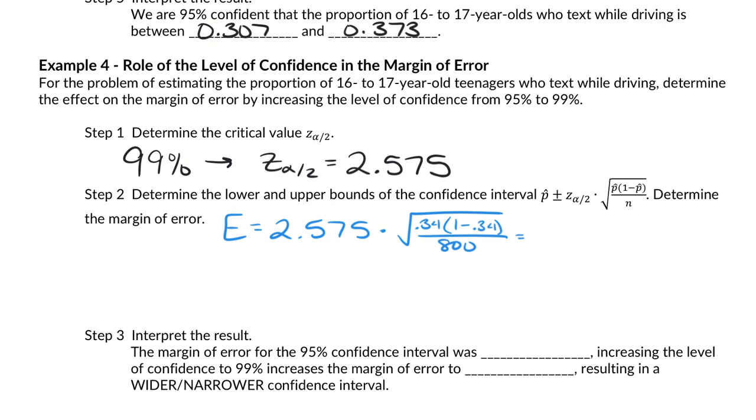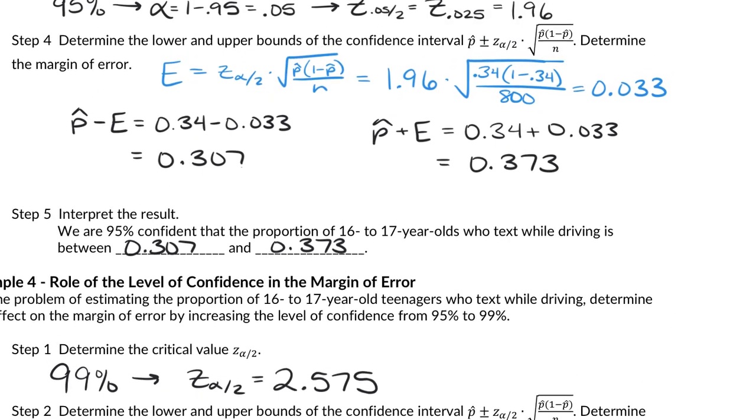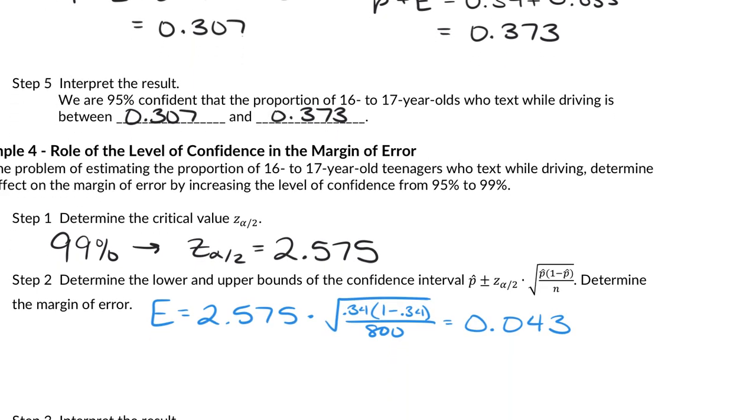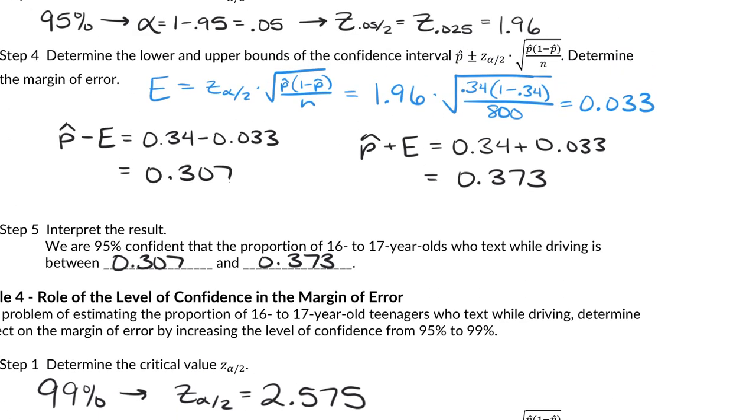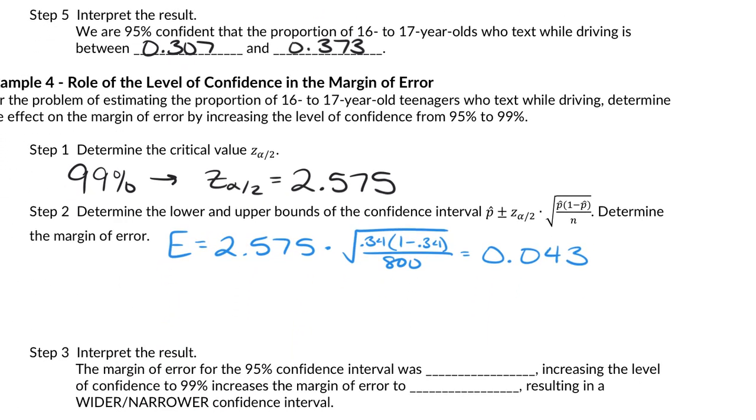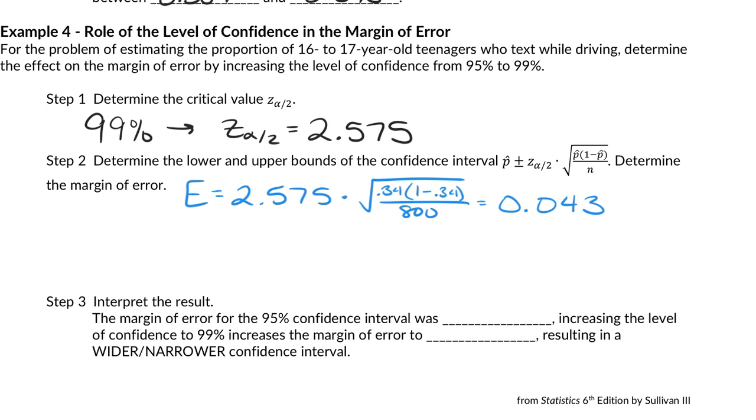Our margin of error becomes 0.043. So, just before we go on, which had a larger margin of error? This one has a larger margin of error. Keep that in mind. Okay, let's find our upper and lower bounds.